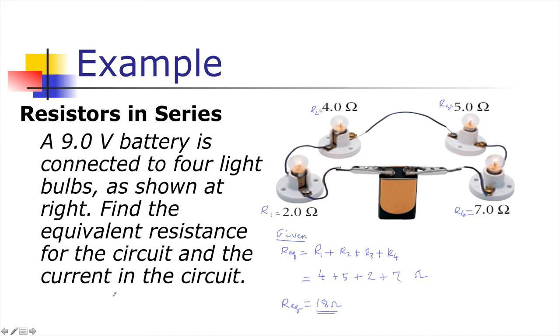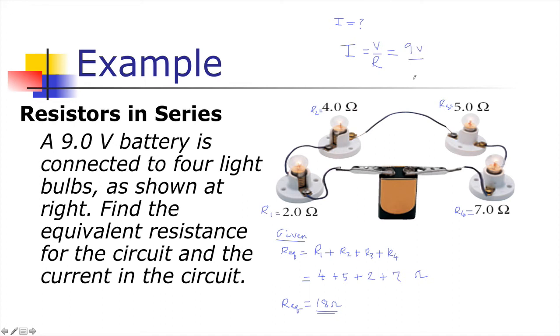Now, the second part of the question is what is the total current from the battery? From Ohm's law, we define that current is equal to volt over resistance. So in this particular case, the total current starting from the battery, the total voltage is 9 volts, that's given.